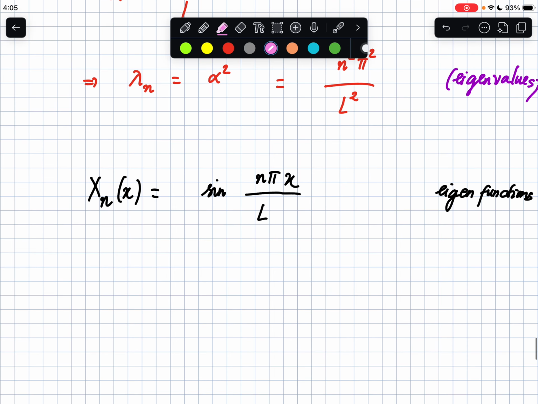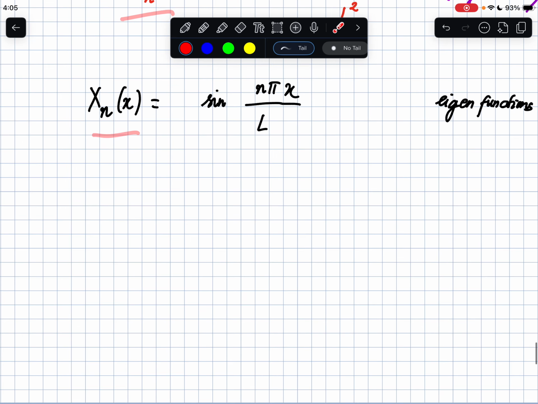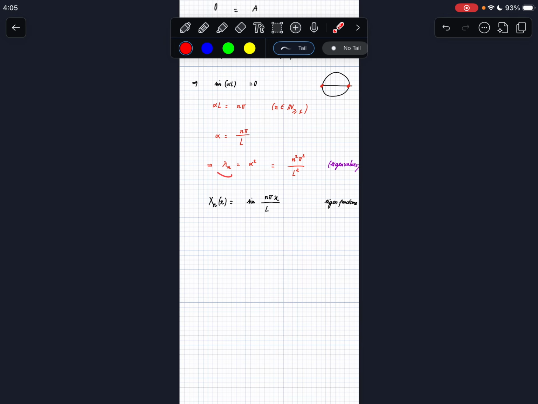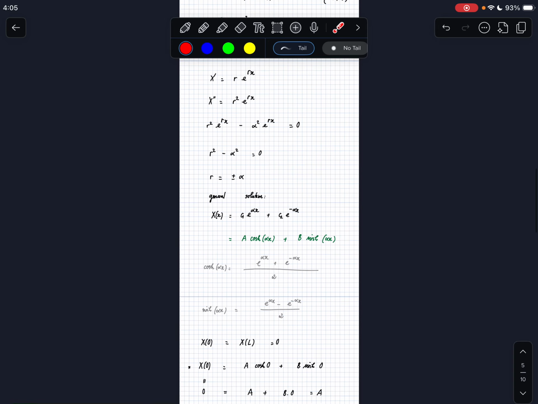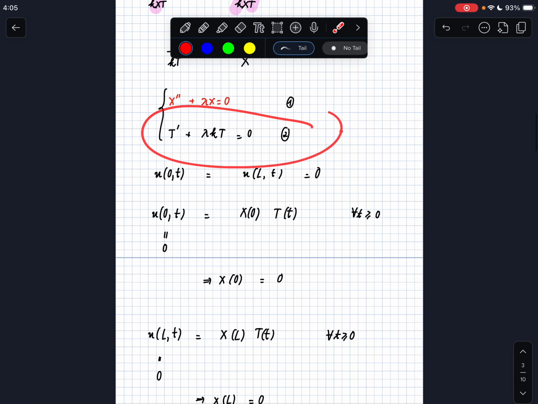Now we have lambda and we have X. We use this lambda to solve for T. Remember that at the beginning we have two ODEs. We now solve the second ODE.